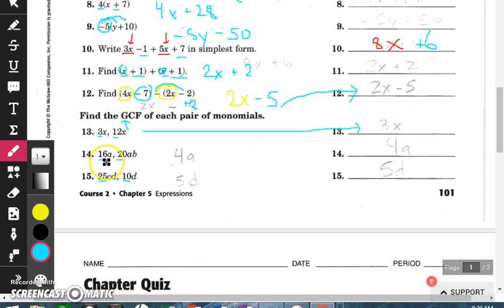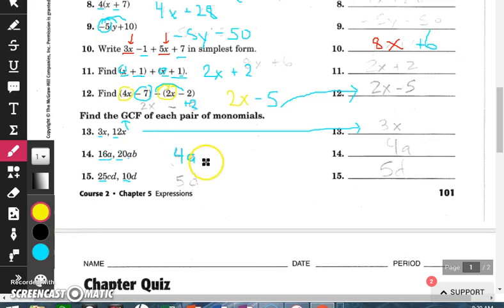So another factor of 16 is 8, but 8 doesn't go into 20. And as you can see, I could keep moving up. 16 won't go into 20, therefore 4 is basically the greatest number that'll go into 16 and 20. And they both share a variable of a, so 4a is the common factor.